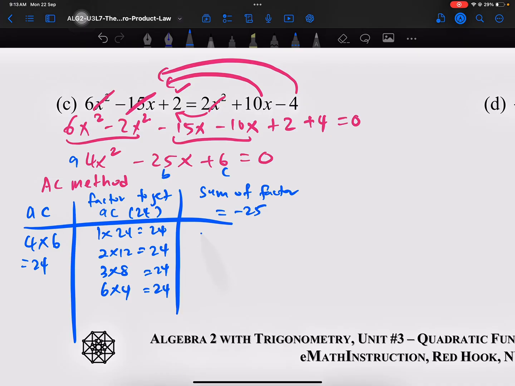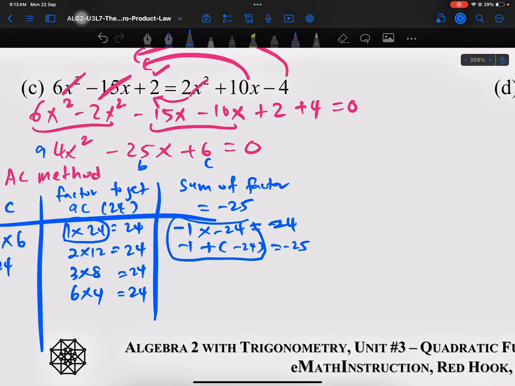This is a possible because if I have minus 1 multiply minus 24 is 24. If I take these two, I plus it, minus 1 plus minus 24 is minus 25. Yes, so this match. So I will take this.